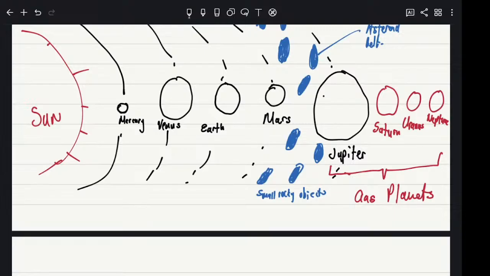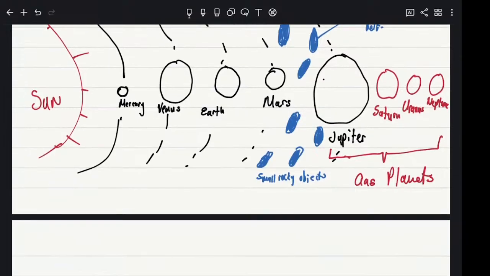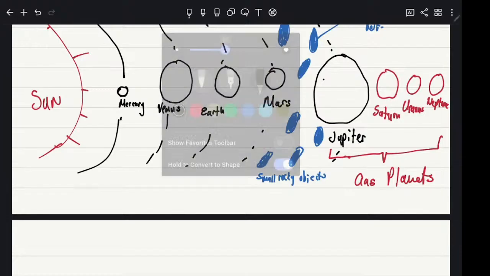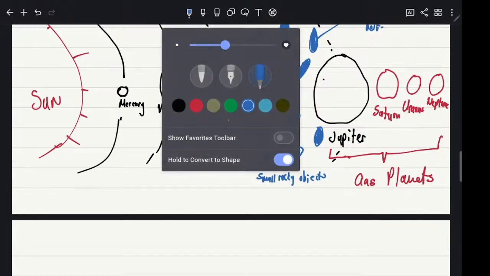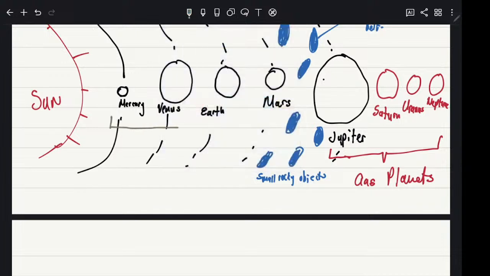Almost to say they threw their rocks there, so there are no more rocks. But anyway, these asteroids are found between 4 and 5. And we know that the first 4 are the ones that are rocky. These are the rocky planets. Then the last 4 are not rocky planets, but instead are gas planets.